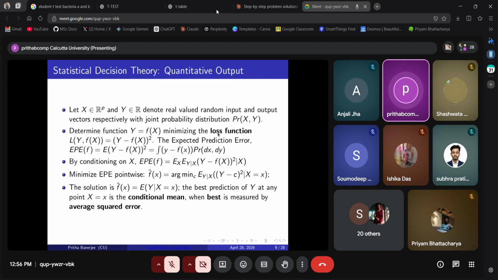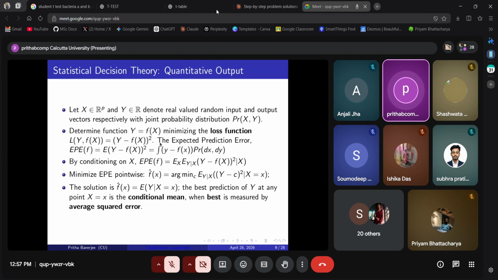For linear regression, this loss function was the least square distance. It is represented as the loss function between y, the true thing, and f of x, whatever your model has given. In linear regression, it is the difference squared, y minus f of x, the whole square.